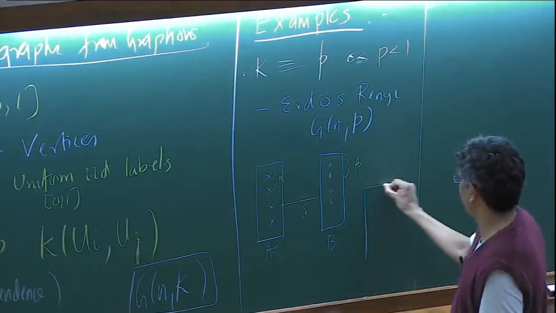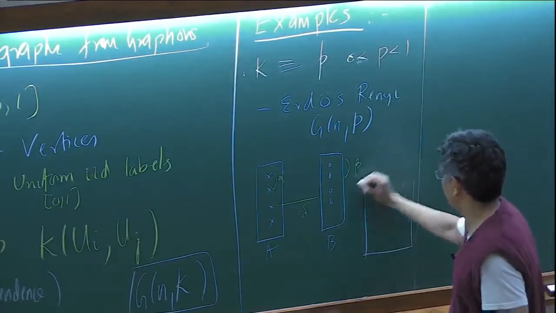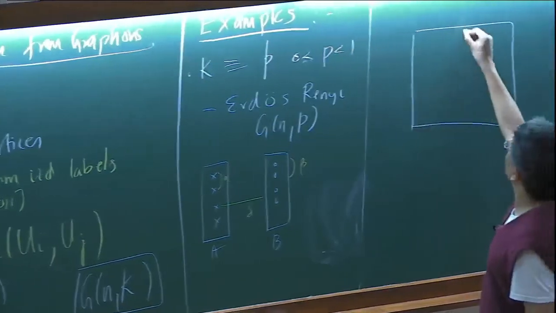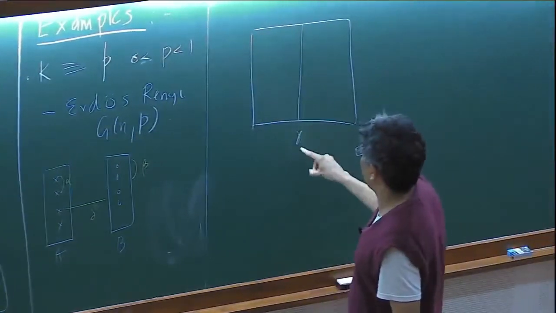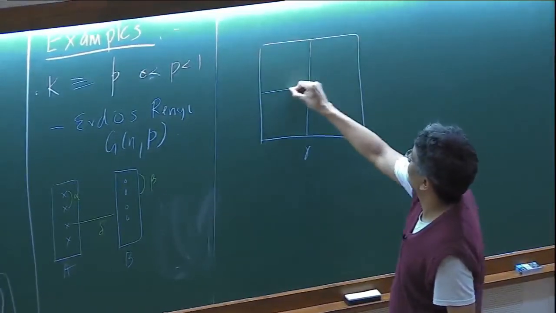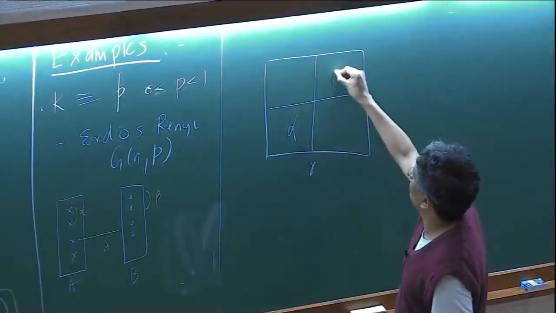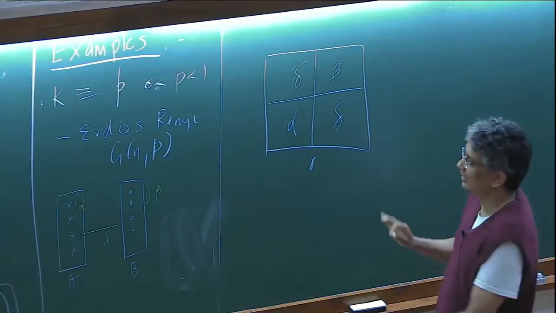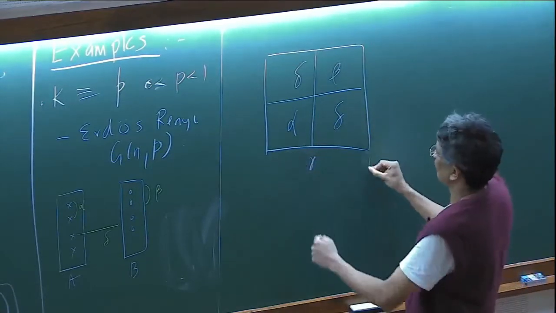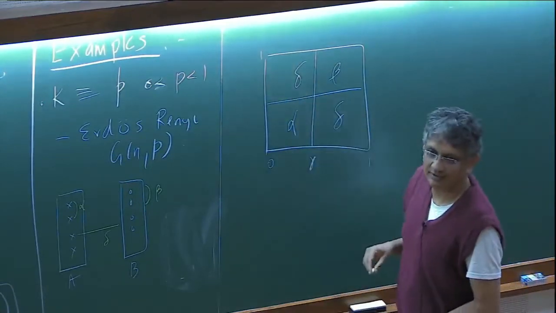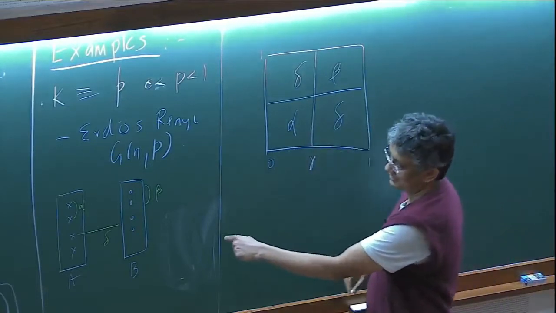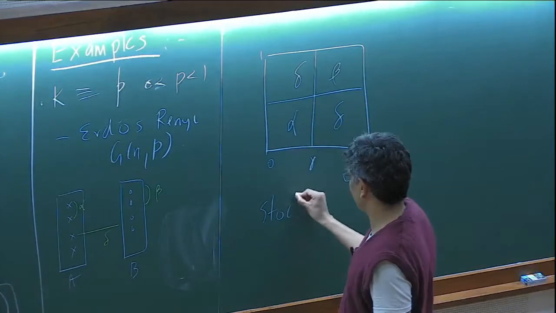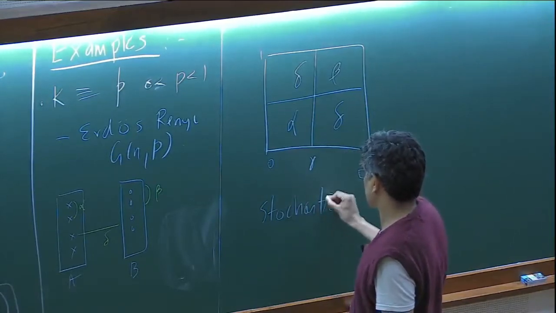I'll have a box like this, a square, with the proportion of A here, and I'll put alpha here, beta here, and delta and delta. If my graphon looks like this on the unit square [0,1]^2 with these values, that represents a graph like this. These are called stochastic block models.